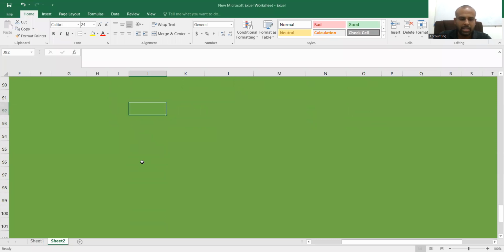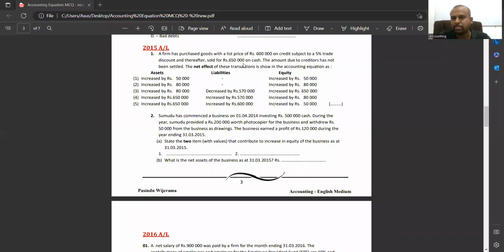What is the basic accounting equation? Assets equal equity plus liability. What is the first one? You purchase 600,000, but that is a list price. Do we record the list price anywhere?